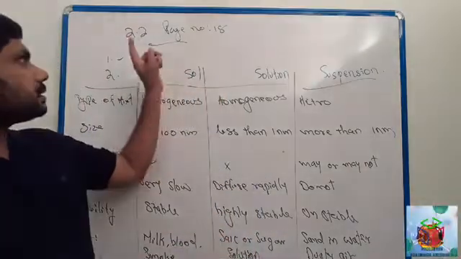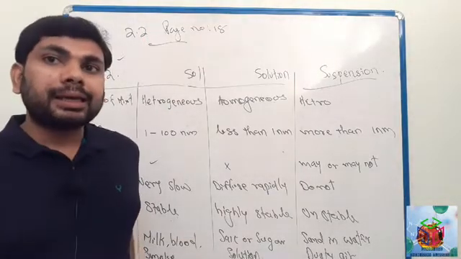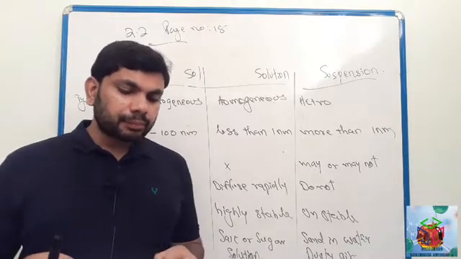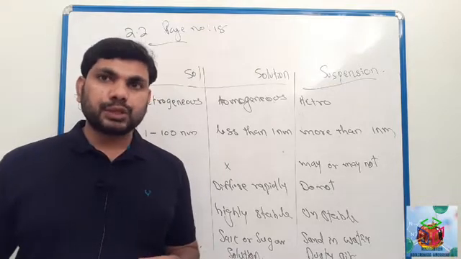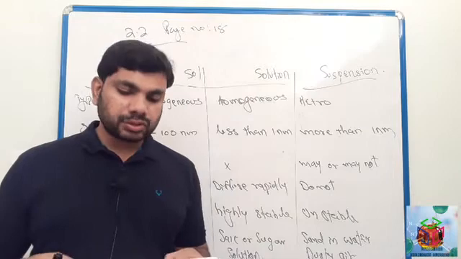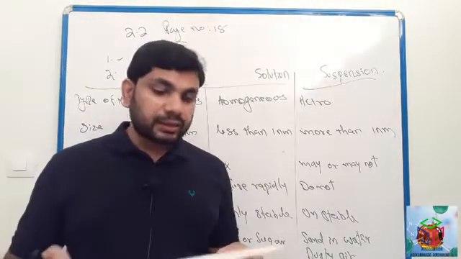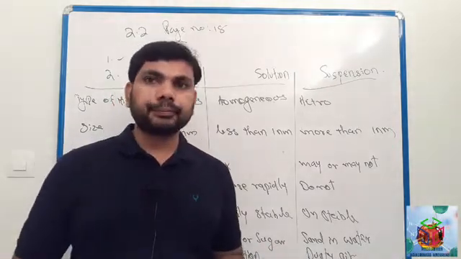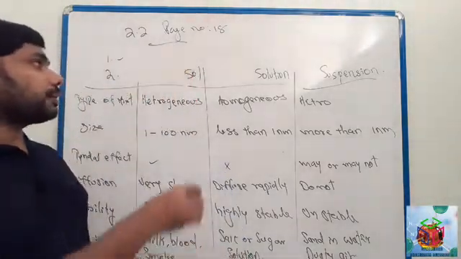You can see these questions on page number 18. The first question again: what are the major differences between homogeneous and heterogeneous mixture? We already discussed that. Second question: what are the major differences between solution, colloid and suspension?